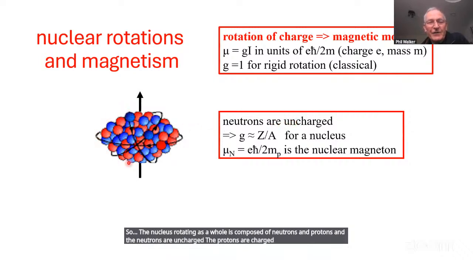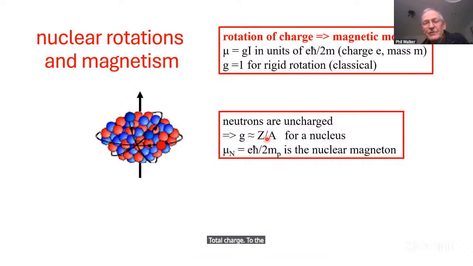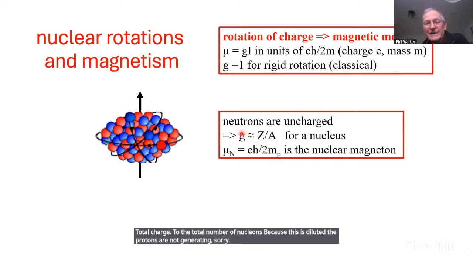So if we're looking at the rotation of a whole nucleus, then we should expect the G factor to be equal to the ratio of the total charge to the total number of nucleons. Because this is diluted, the protons are generating the magnetism, but the neutrons aren't. So you just get this Z over A factor.